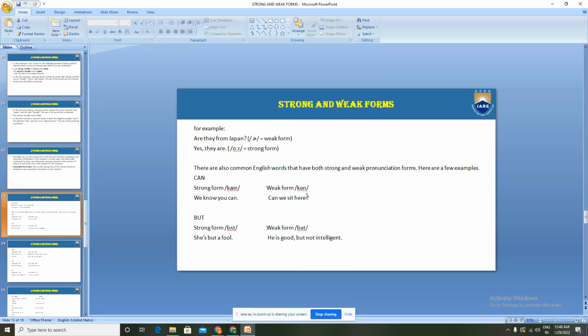We don't put force on can. This is considered unstressed in this situation. But in another situation, can comes at the end of the sentence. So now we can say, yes, we can, you can.